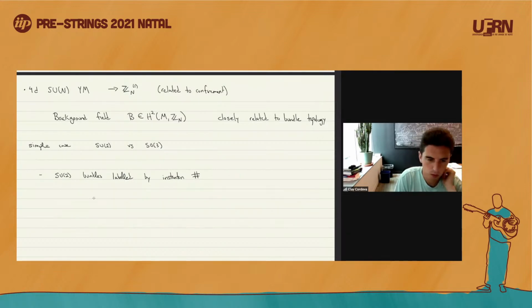So what's the instanton number? Let's call it I. It's equal to 1 over 8 pi squared times the integral over our spacetime manifold M of trace F wedge F. And this instanton number is an integer.